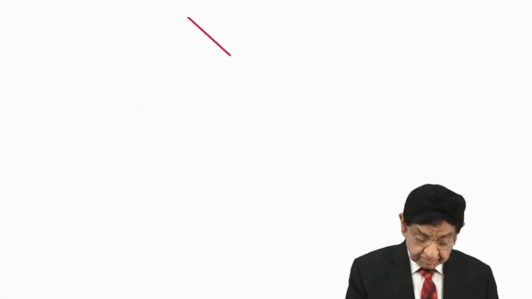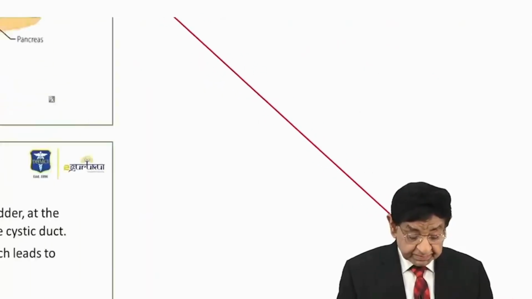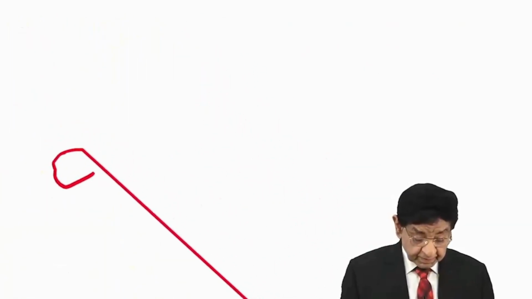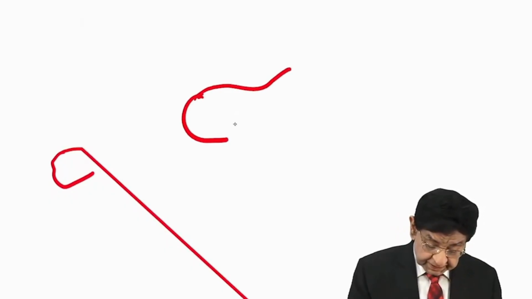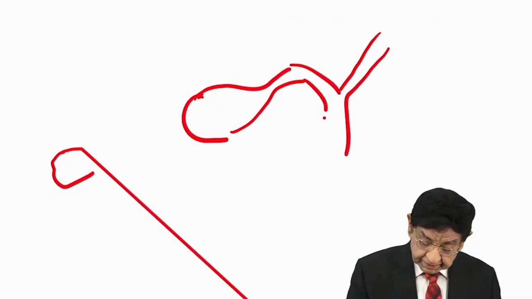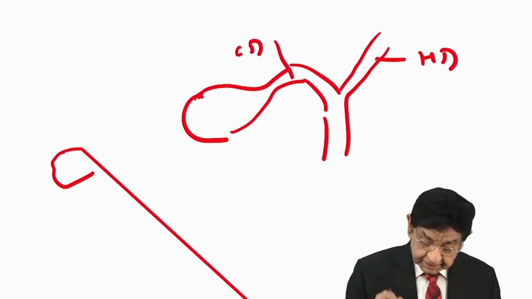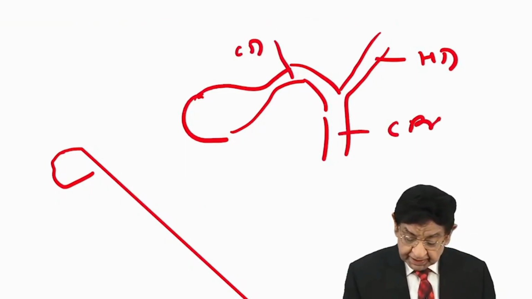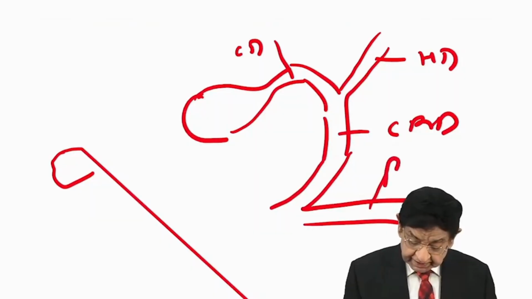Here is the bile, here is the gallbladder. This is the cystic duct, and here is the hepatic duct coming. The hepatic duct and cystic duct make the common bile duct, and this common bile duct comes down and combines with the pancreatic duct.